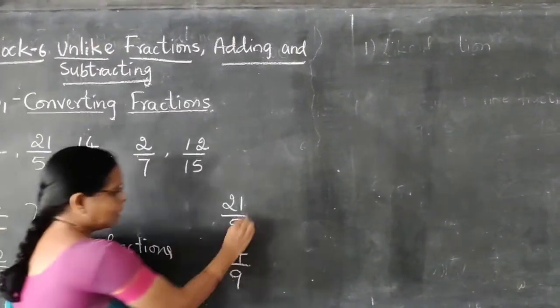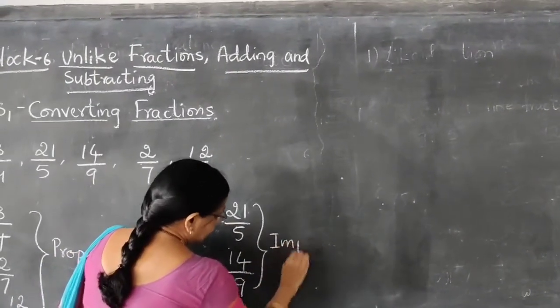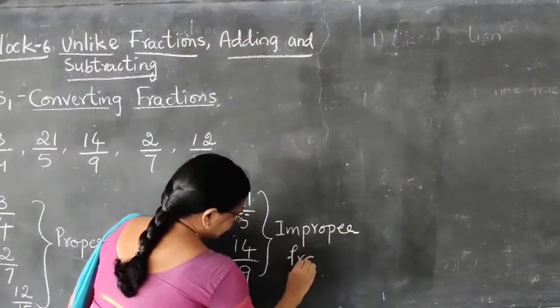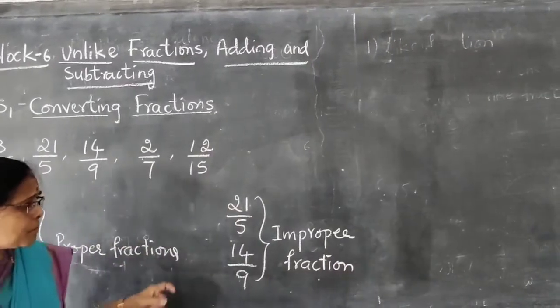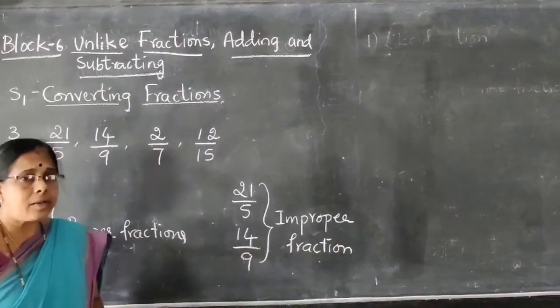So all these types of fractions are called improper fractions. The values of improper fractions are greater than 1.